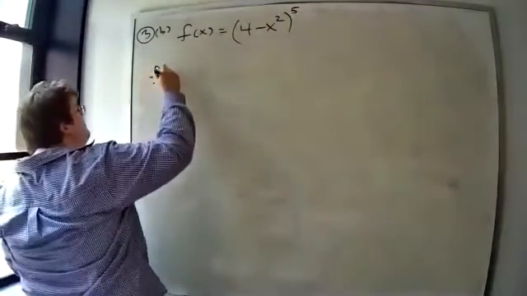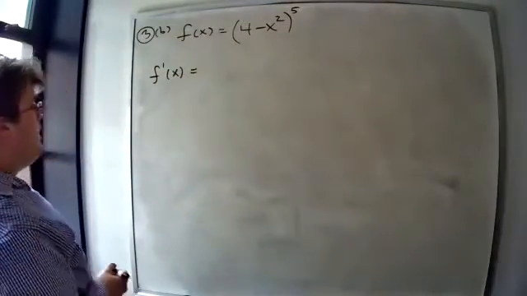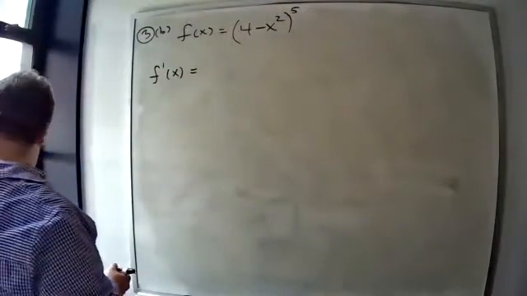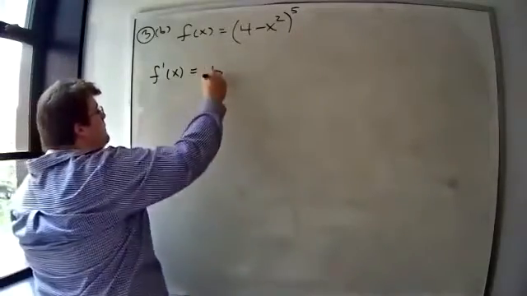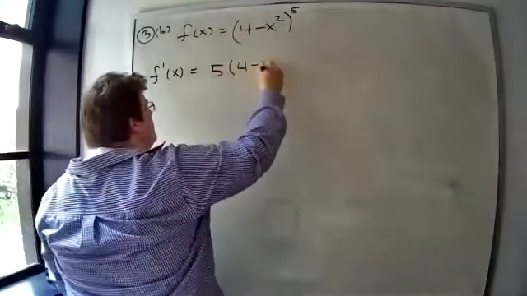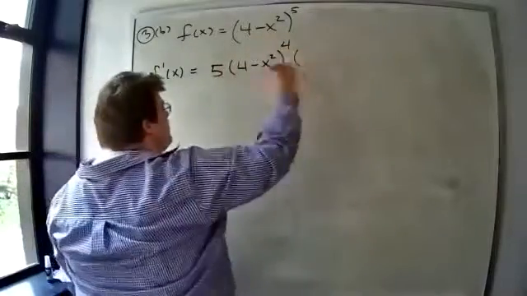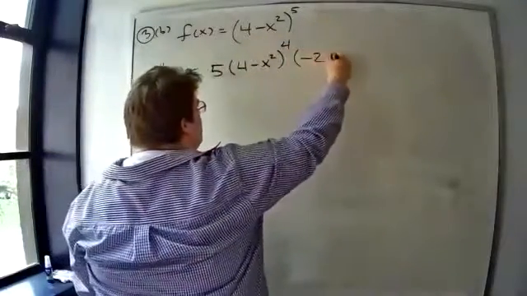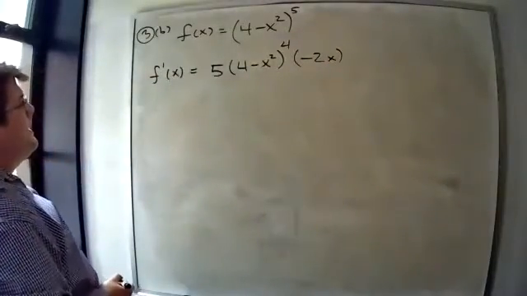So first derivative, well, right here, notice, and we are going to need a chain rule computation for this first derivative. We have a function to the 5th, derivative is 5 of them to the 4th, and then times the derivative of 4 minus x squared, which is -2x.